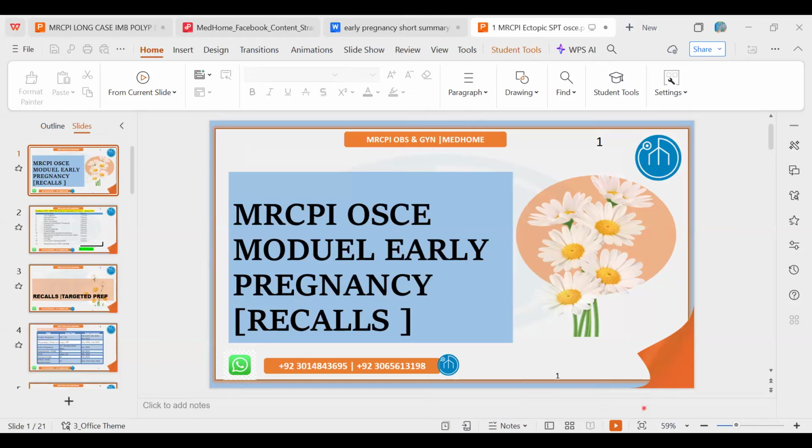Just for example, this is your early pregnancy module. Our targeted sessions will revolve around the recalls, and we have compiled them. See, in Fab 2025 and November 22, we have seen ectopic pregnancies coming again and again as SPT and SD. So we will cover that station first, via SPT and SD, right?